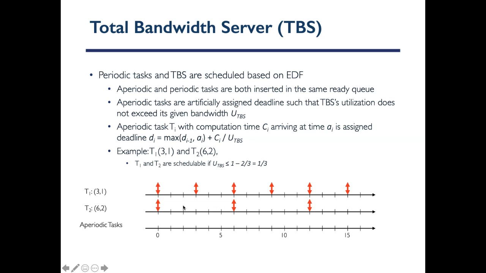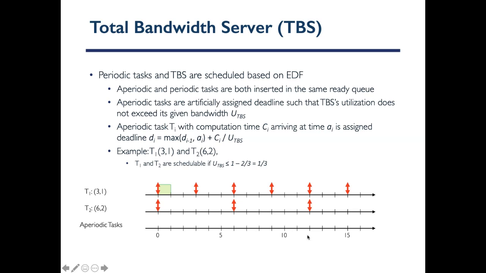So here is an example for the same tasks. Let's use U_TBS of 1/3. Task 1 is arriving every 3 time units. Task 2 is arriving every 6 time units. Now, let's say that we run T1, so there is no aperiodic task.